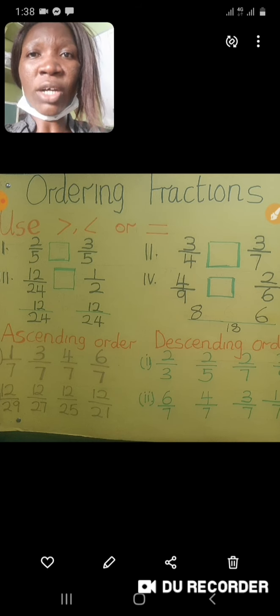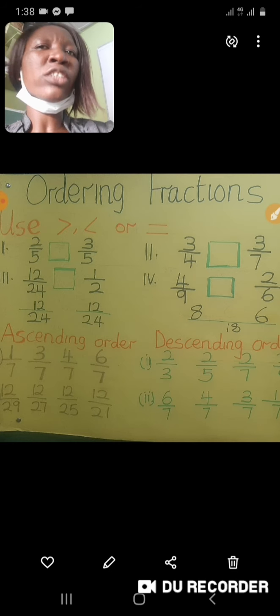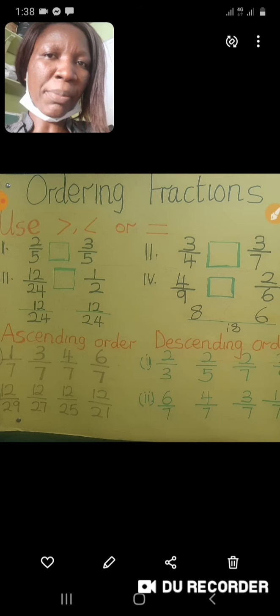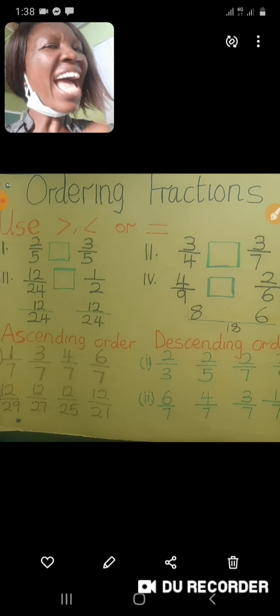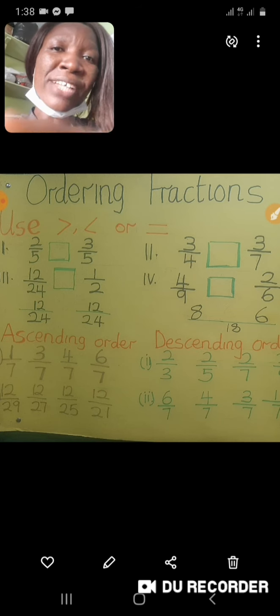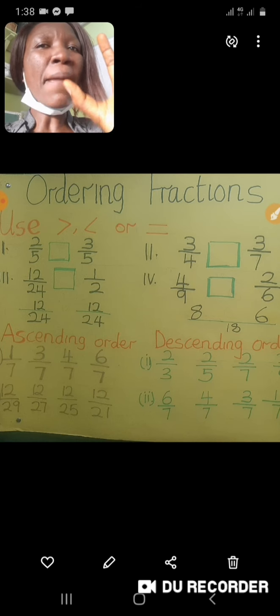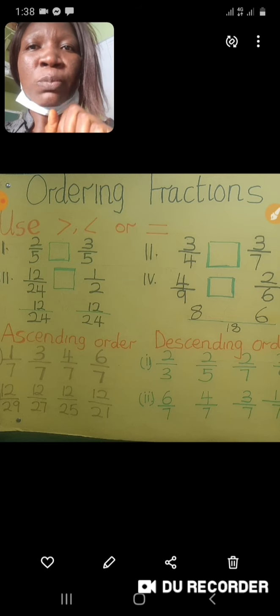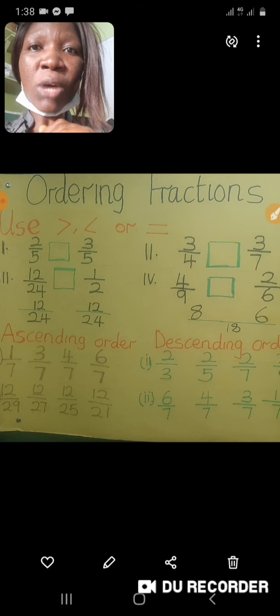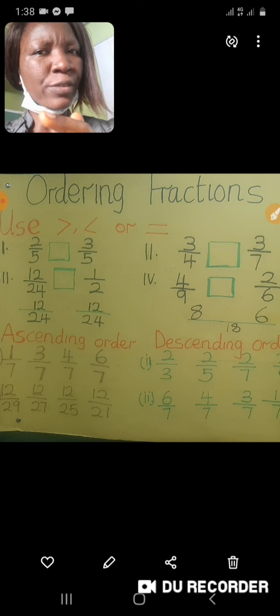Whenever the denominators are all the same, the smaller numerator is the smaller fraction, the bigger numerator is the bigger fraction, and whenever the numerators are all the same, the bigger denominator becomes the smaller fraction, and the smaller denominator becomes the bigger fraction.